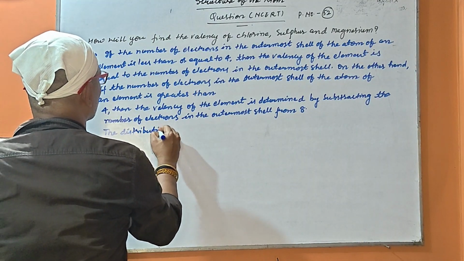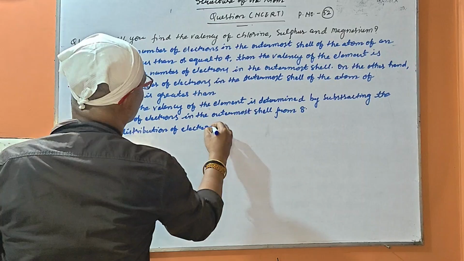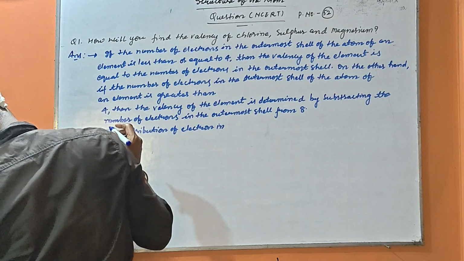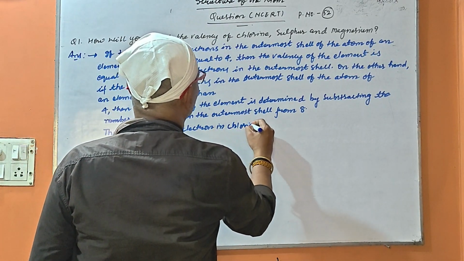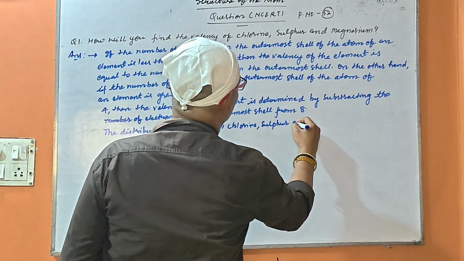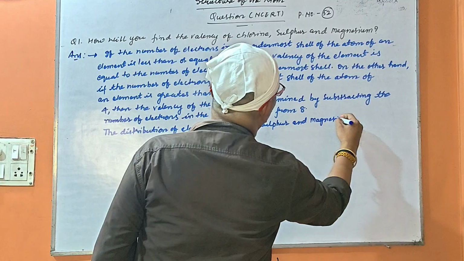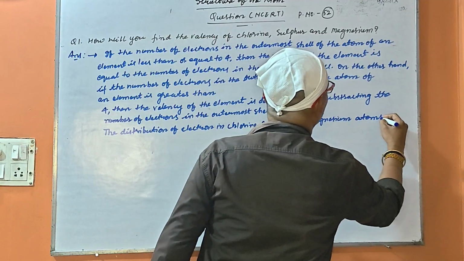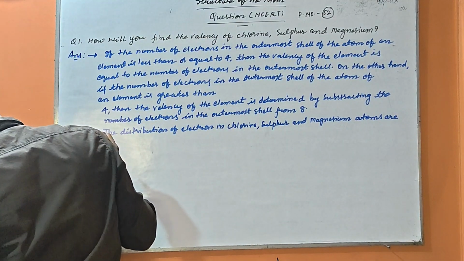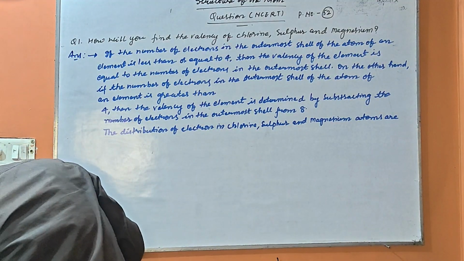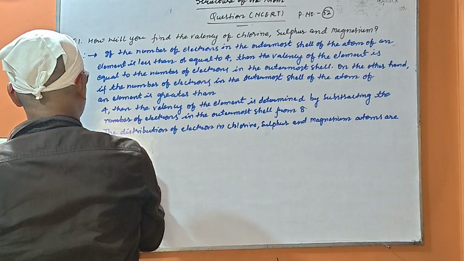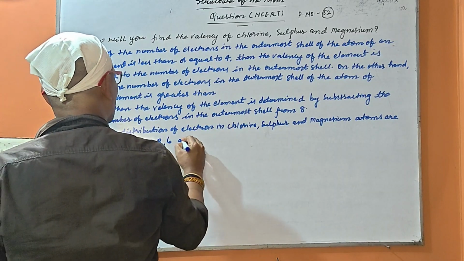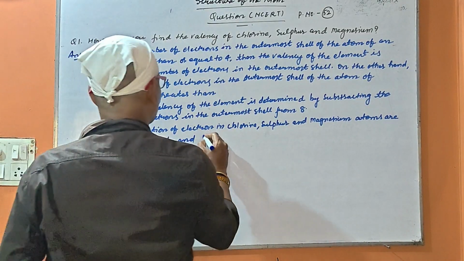Okay, so the distribution of electrons in chlorine, sulfur and magnesium atoms are 2, 8, 7, 2, 8, 6 and 2, 8, 2 respectively.